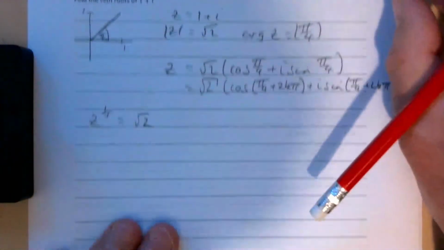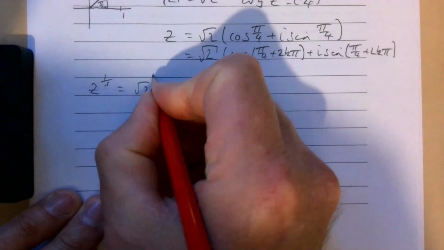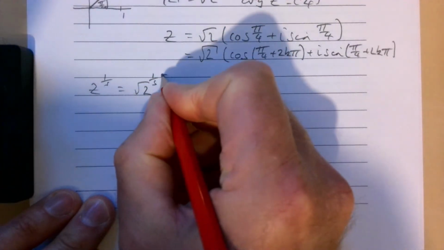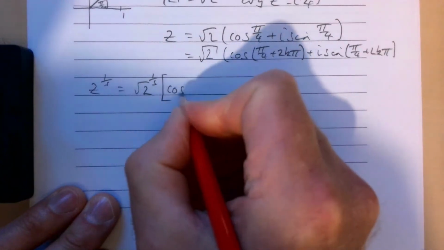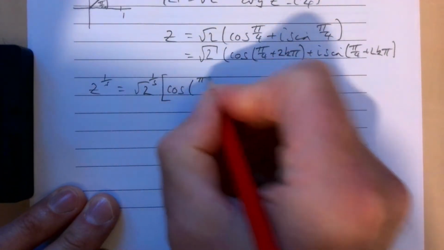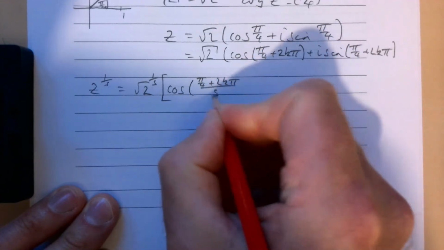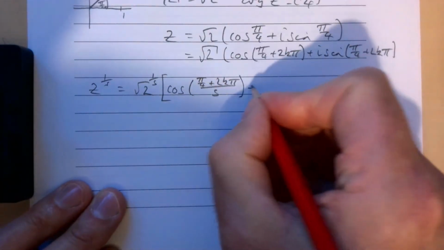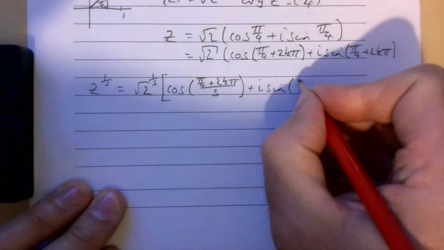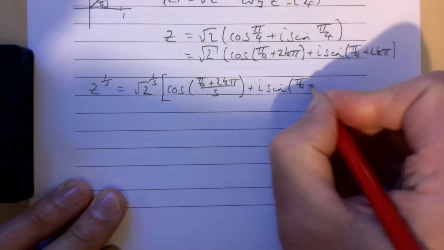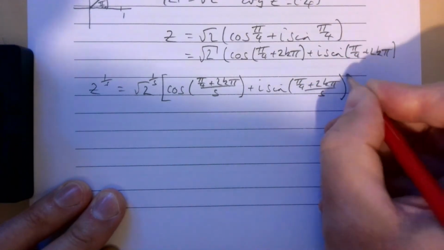So we're on root 2, all to the power of a fifth, times a big square bracket, there's a lot going on here: cos((pi over 4 plus 2k pi) all over 5) plus i sine((pi over 4 plus 2k pi) all over 5).